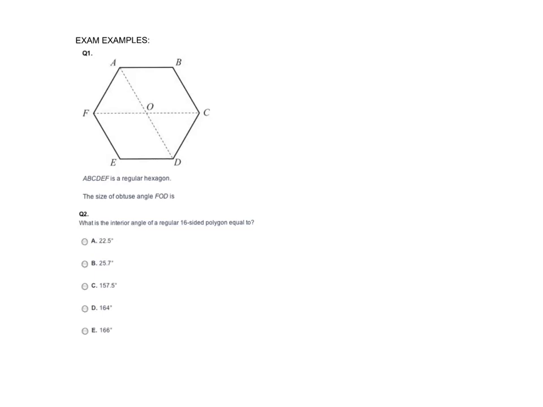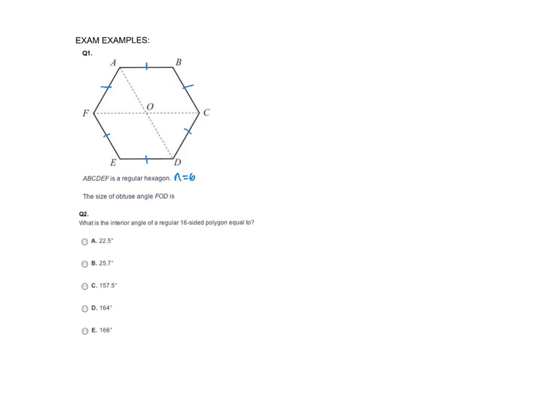All right, so this is taken from an exam. It says A, B, C, D, E, F is a regular hexagon. See how even if I don't know hexagon means 6 sides, you could count them, couldn't you, if you had to? Yeah?